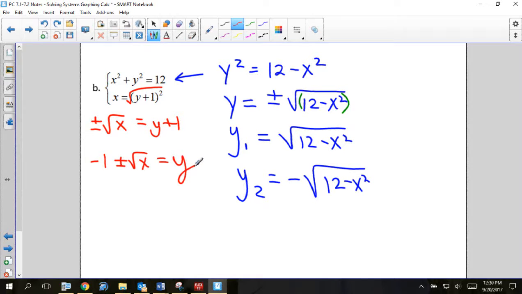You don't have to write it in front, but that's why I wrote the -1 in front. Since there's both a plus and a minus, we are going to have to type in two separate equations. So I'll make my Y3 -1 plus radical x, and then my Y4 -1 minus radical x. So we'll go ahead and type those in.